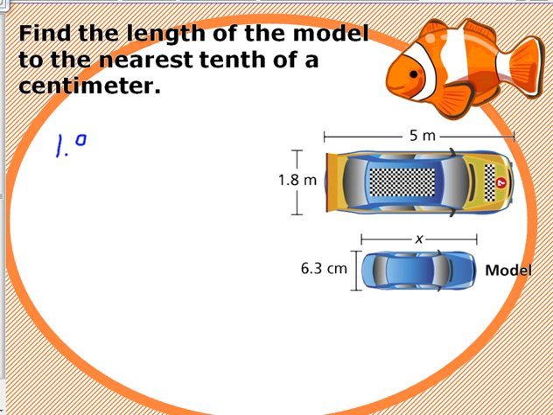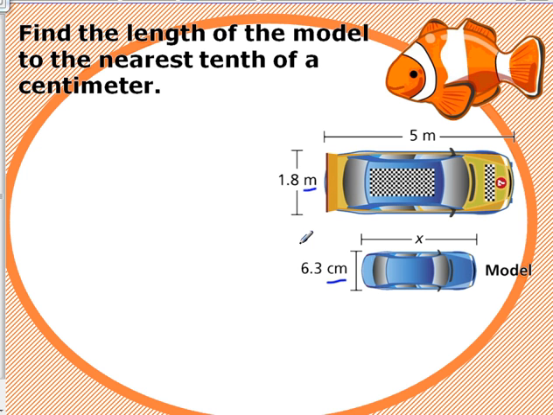Oops, before we even do that though, my mistake, we need to make sure that our units are in the same measurement. In this case, I have meters and centimeters, so I need to convert these to centimeters.